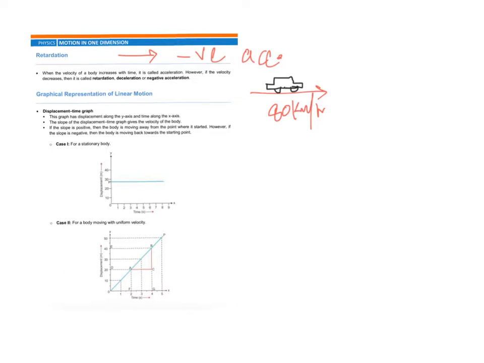Or I see some person crossing the road like this. What will I do? I would apply brakes. Once I apply brakes, what happens? My car will slow down.